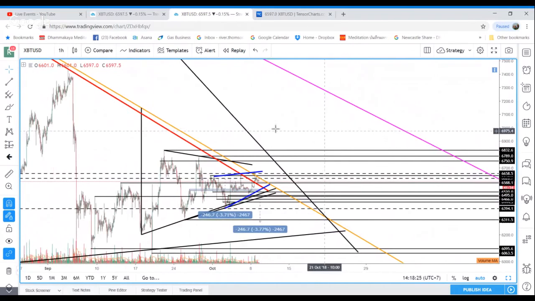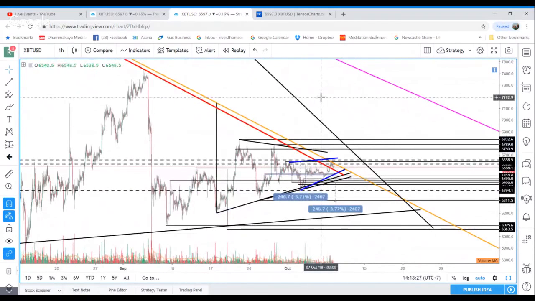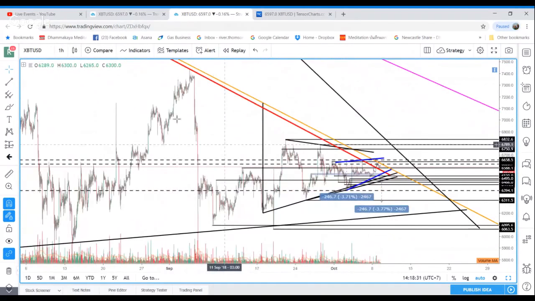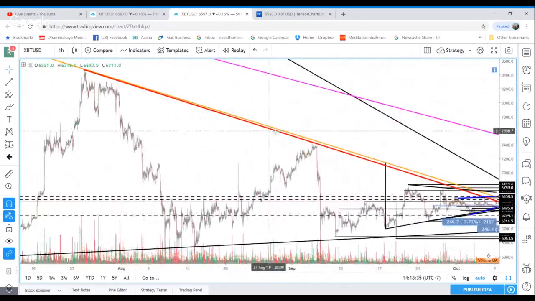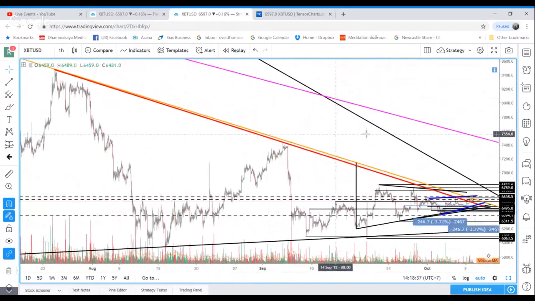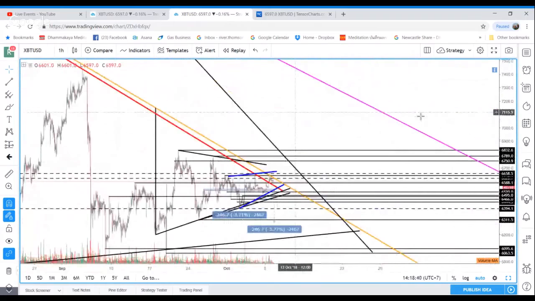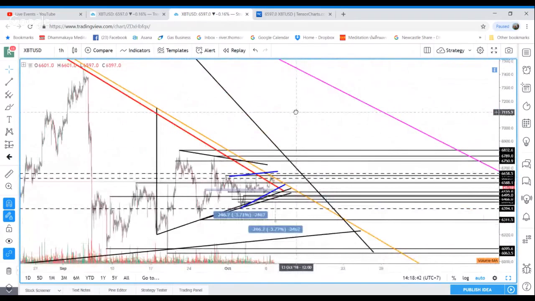That's the key diagonal doom, what they're calling it, at the moment. And you can also see the red diagonal from here for that other triangle, the red one, which we did successfully break out of and hold.